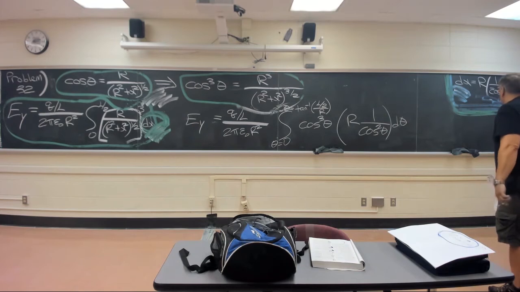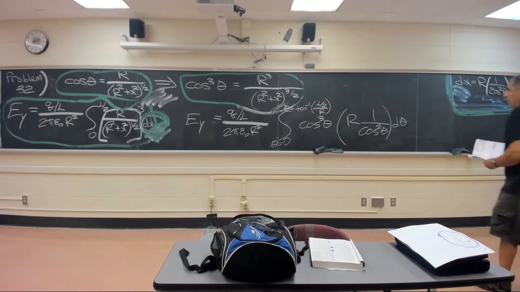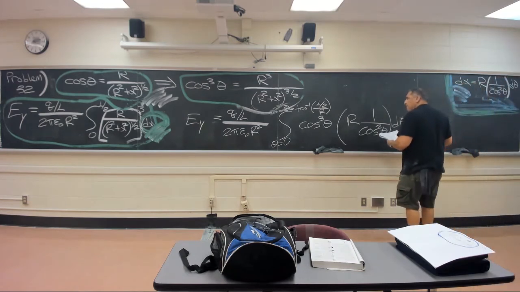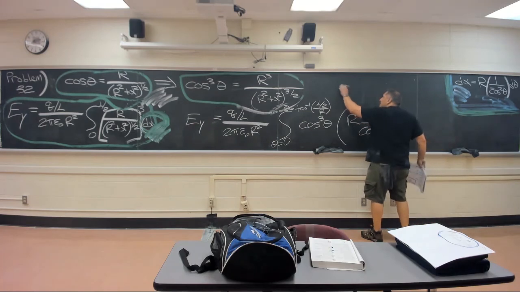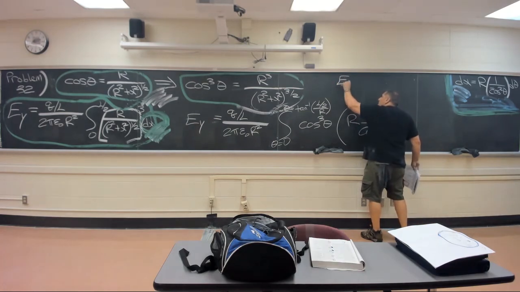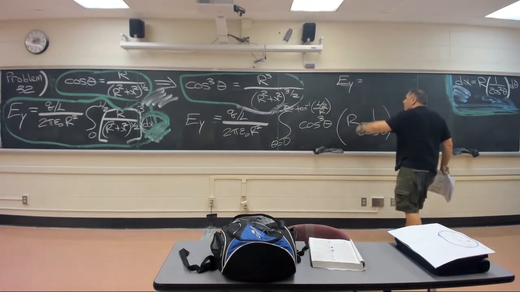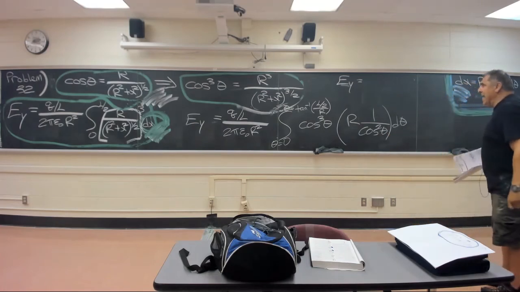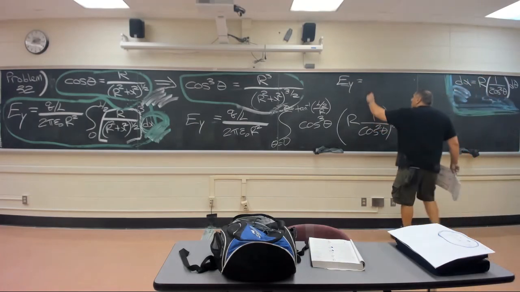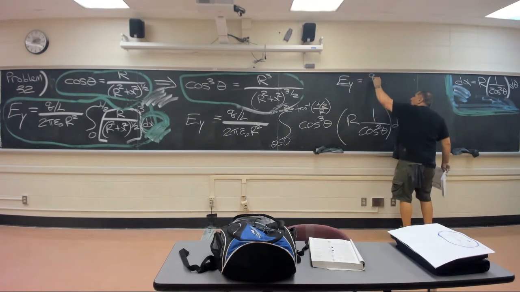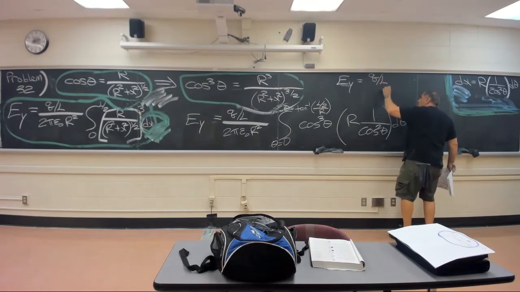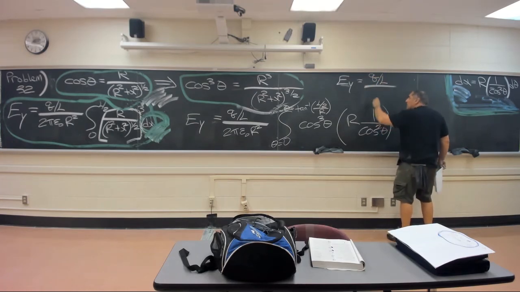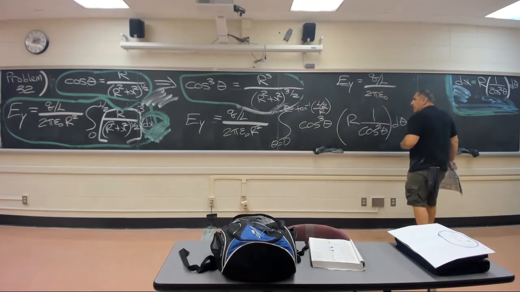Wow, this becomes manageable pretty quickly. E to the y becomes q over L. It's a ratio. R squared.